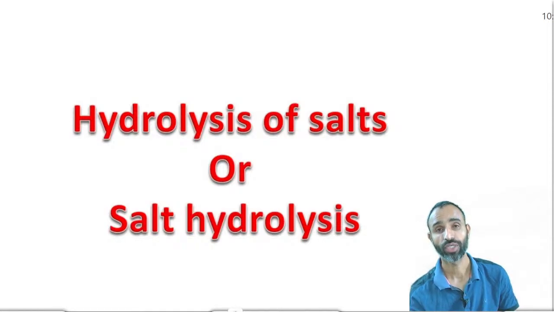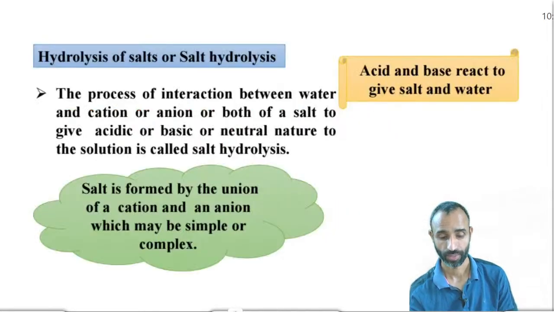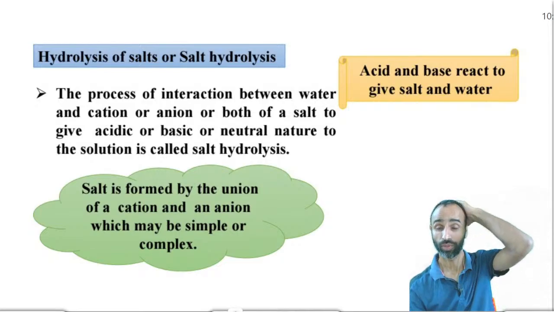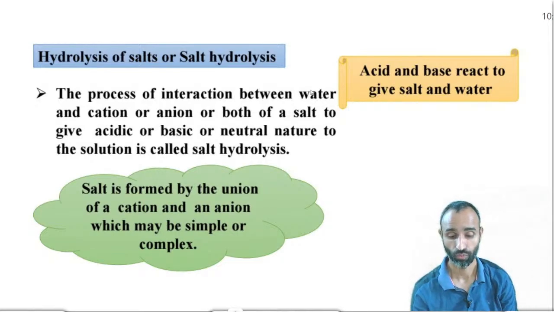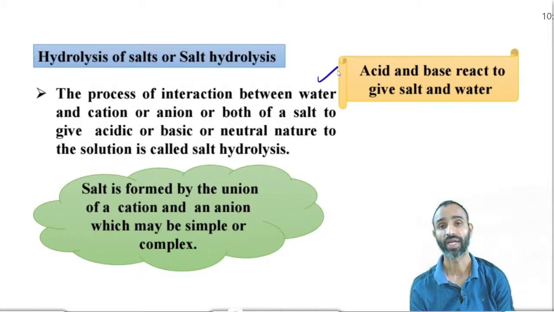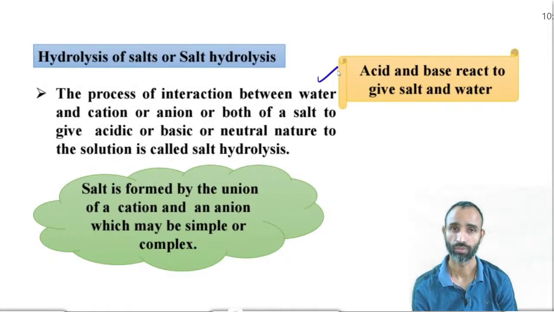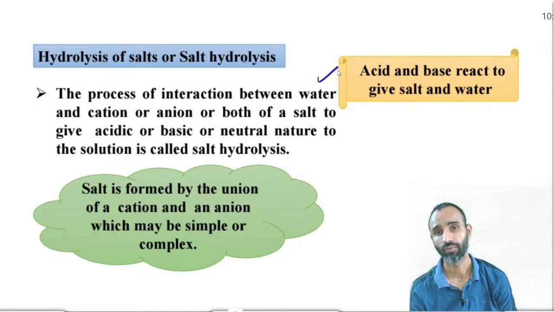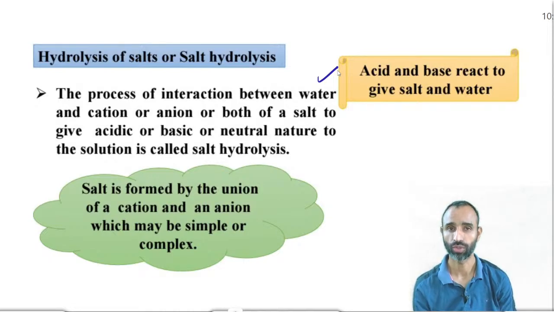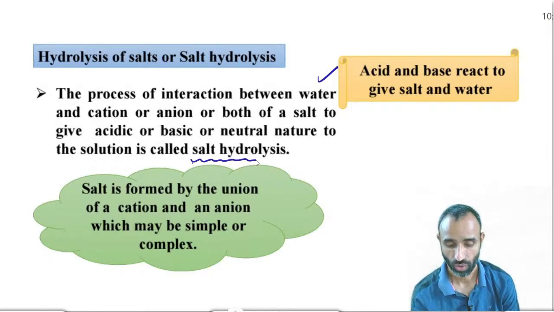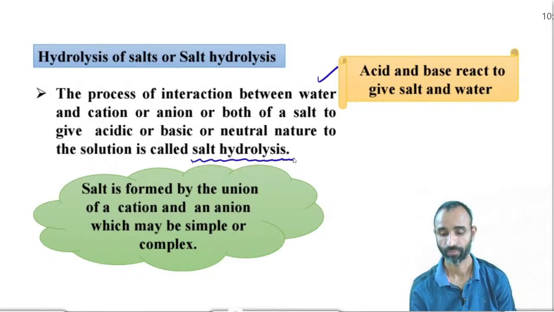Now, hydrolysis of salts. The process of interaction between water and the cation or anion or both of the salt, giving acidic, basic or neutral solutions, is called salt hydrolysis.